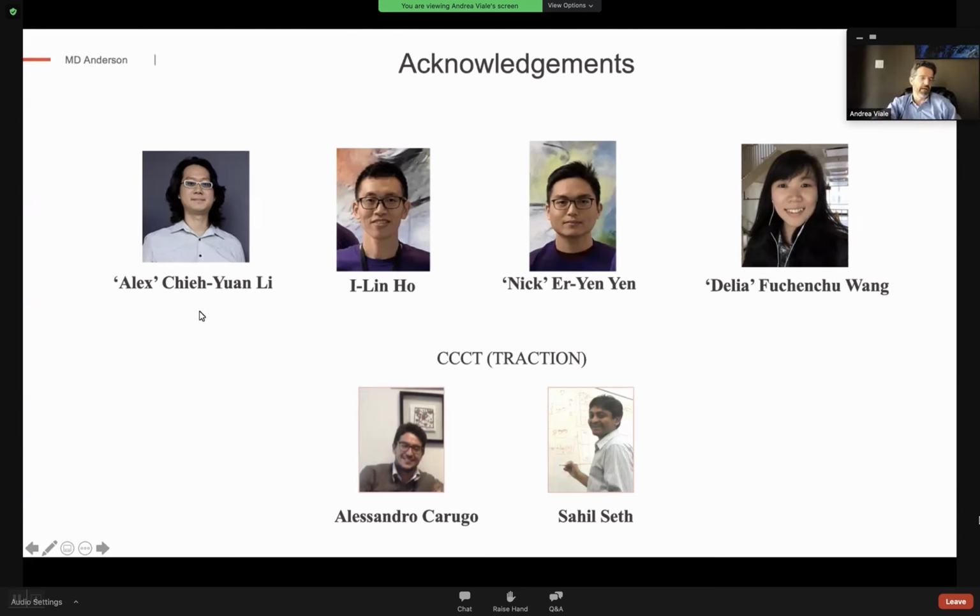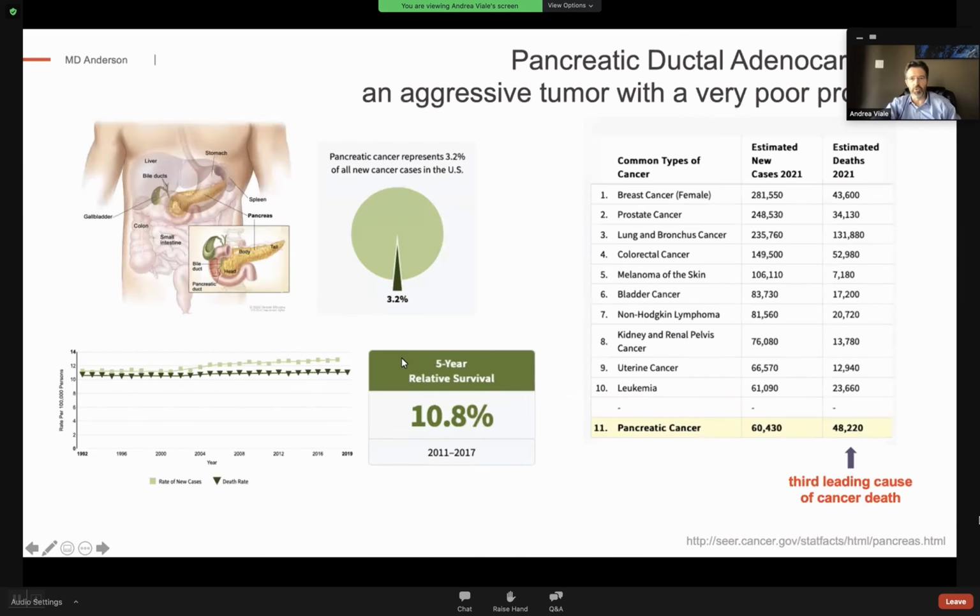Alex is now not in my group anymore. Eileen, Nick, and also we were really lucky to work with Delia. She is a young biostatistician in the biostatistics department. She took care of a lot of the mathematical analysis and modeling that were key for generating the data I'm going to show you.